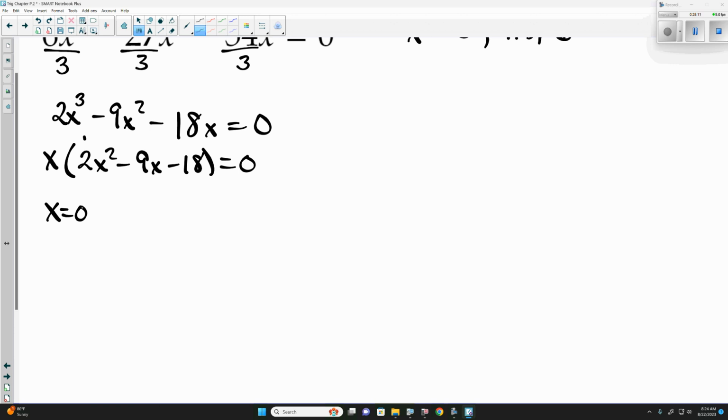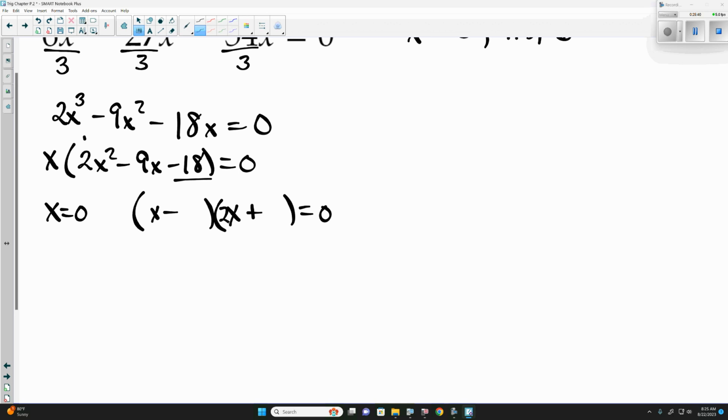The rest of this we could actually factor down. Third term's negative. Well, the only way we can get that is if the signs are opposite, one negative and one positive. That's the only way I can multiply two numbers and get a negative. 2x squared. Well, I'm going to just do this here. Actually, for time's sake, I'm going to flip the 2 and put it over here.